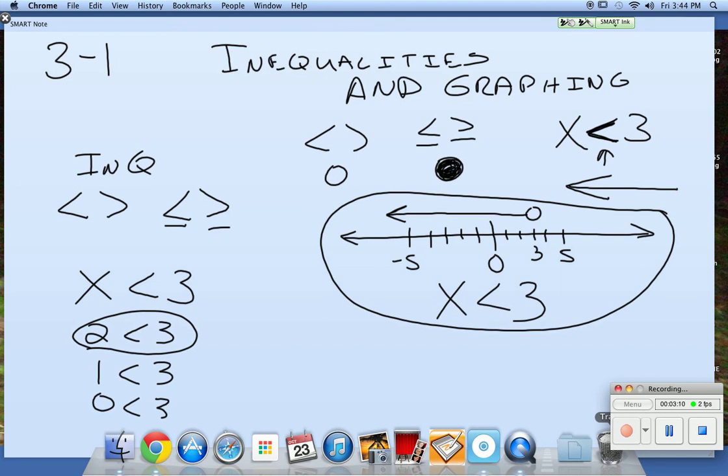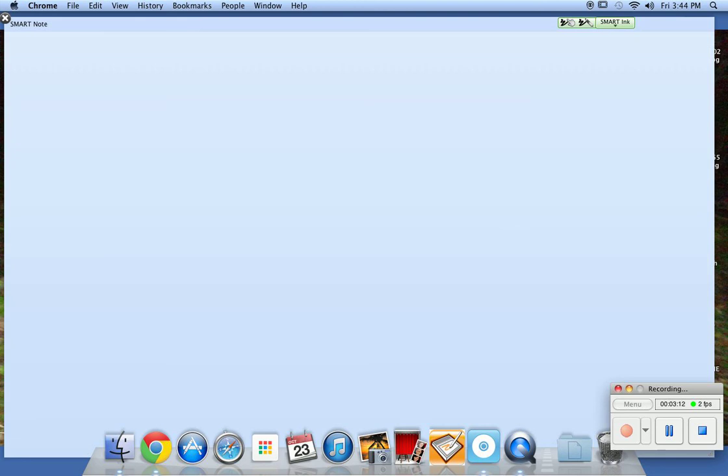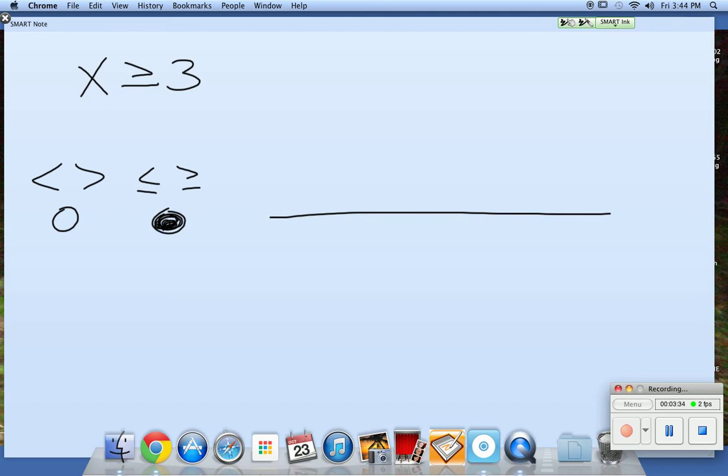Let's take a look at some other examples. Let's say x is greater than or equal to 3. Now, if you remember, my less than and greater than are open, and my less than or equal to and my greater than or equal to are closed dots. So let's create our number line again. Here's 0, 1, 2, 3, 4, 5, and 1, 2, 3, 4, 5 on the other side.